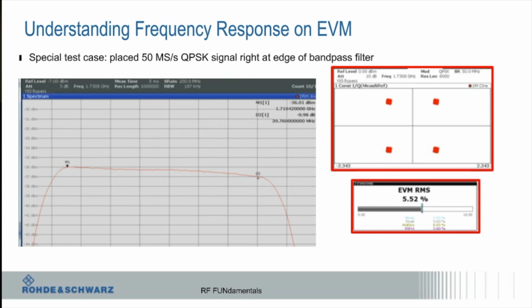Okay, so another one, frequency response. If you looked at the frequency response, you can see here the amplitude output is different over the entire frequency range. So you're getting these constellation points. They're noisy and they look a little bit rotated. And here you see the EVM is 5.52.